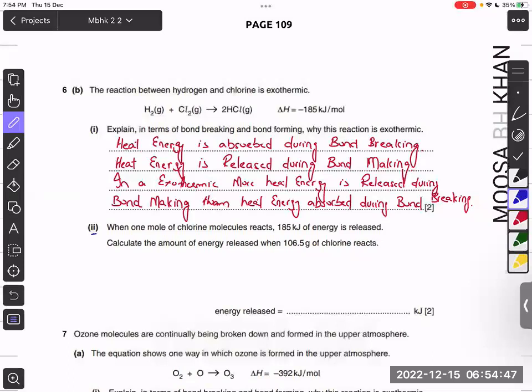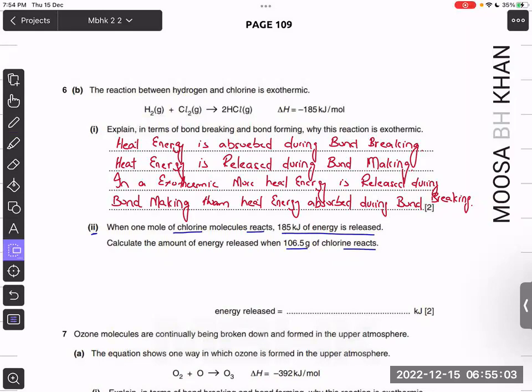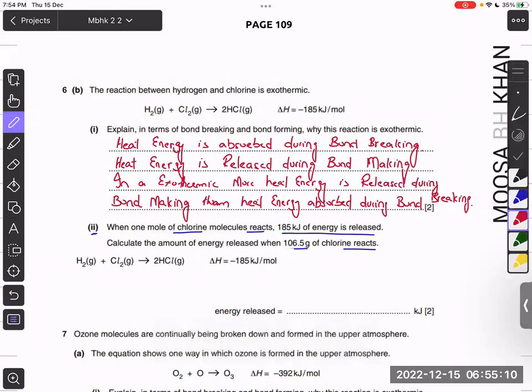ओके, क्वेश्चन 2 में कह रहा है व्हेन 1 मोल ऑफ क्लोरीन मॉलिक्यूल्स रिएक्ट्स 185 किलोजूल ऑफ एनर्जी इज रिलीज्ड. Calculate the amount of energy released when 106.5 gram of chlorine reacts. अच्छा, equation is given, and as per this equation, when 1 mole of chlorine is reacting, so how much heat energy is being released, which is minus 185 kilojoule per mole, which is the enthalpy change of this reaction.